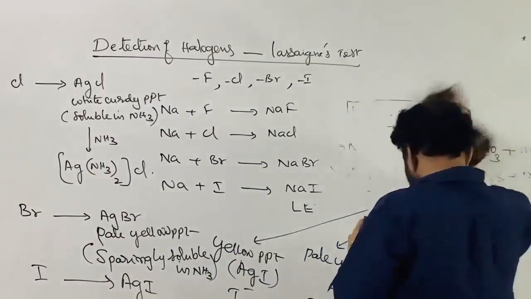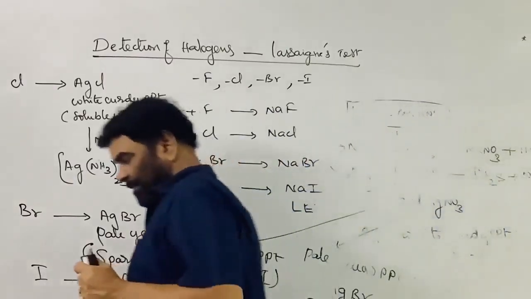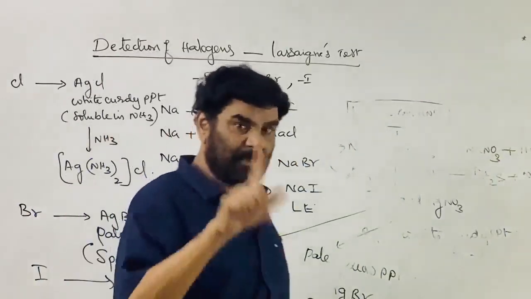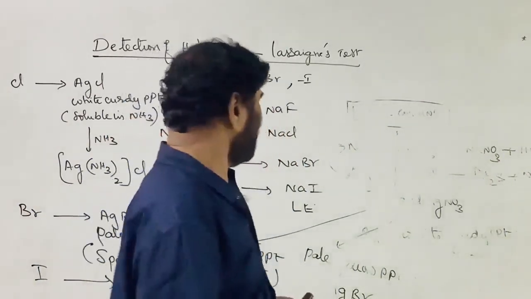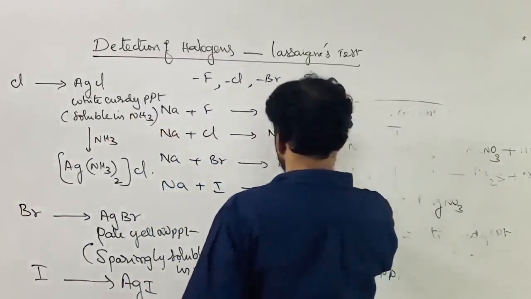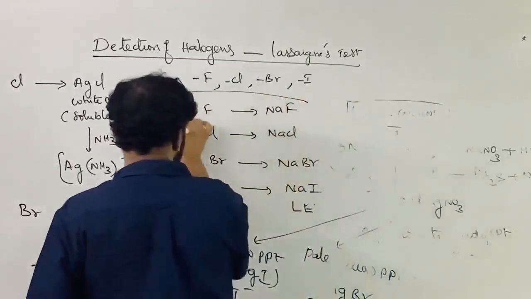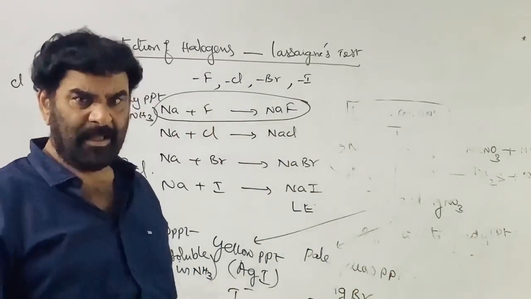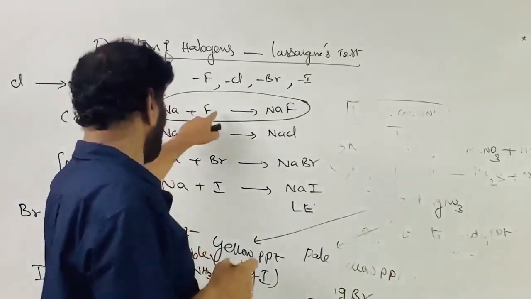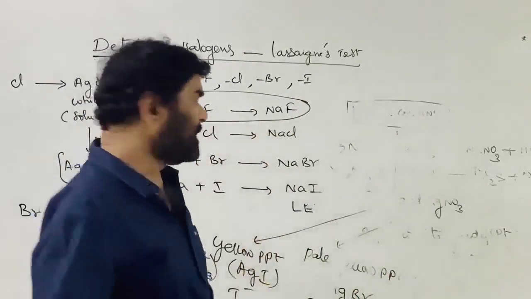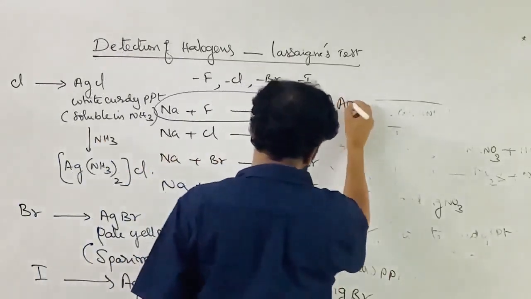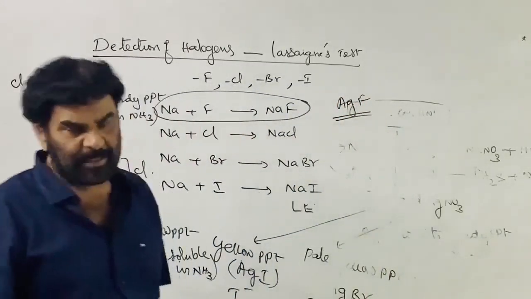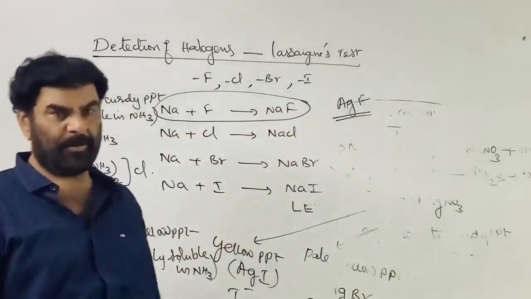The other case is if fluorine is present. We are not taking fluorine into consideration here. If fluorine is present in the given organic compound, the fluoride ion is formed. How to detect the fluoride? Silver fluoride, AgF, is soluble in water.